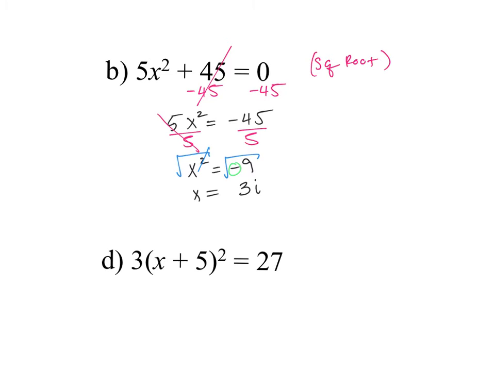So I have a negative number, so I have an imaginary number. That's why I wrote the i. Square root of 9 is 3, and also you took a square root, so this is a plus and minus 3. So a lot of things going on here. Anytime you take a square root, you've got to have a plus and minus. And anytime you have a negative number under the root, you have an imaginary number. So don't forget using the i to represent that.